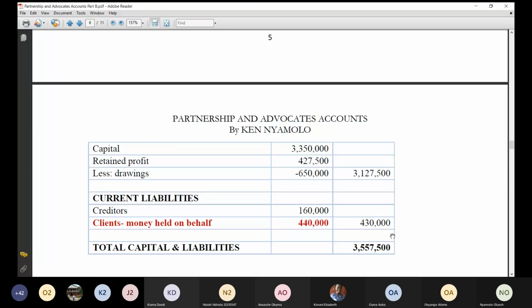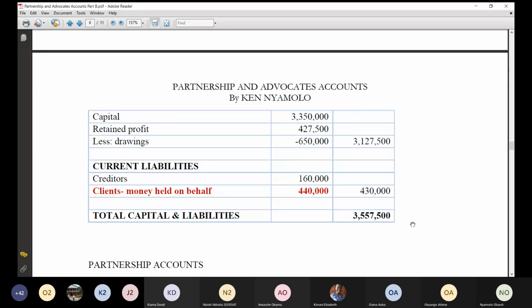You bring it on the capital side, you add it there, less your drawings, and you have your 3,127,500. So your creditors balance, there was a working where we took our balance brought forward of 310, added the purchases, and we were told we paid 430. And so the balancing figure was our current balance of creditors and what we owe our clients is 440.